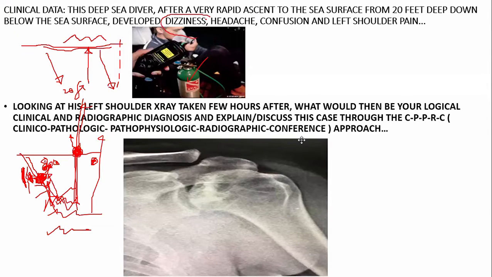Headache, confusion, and left shoulder pain. Probably bubbles were also forming in the capillaries of his shoulder joint, therefore producing pain. So, as we are integrating physiology with radiographic anatomy, now look at this left shoulder, doctors, taken a few hours after.